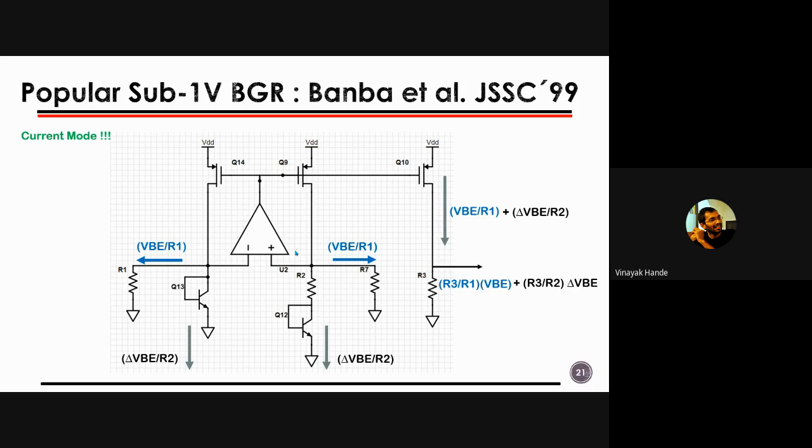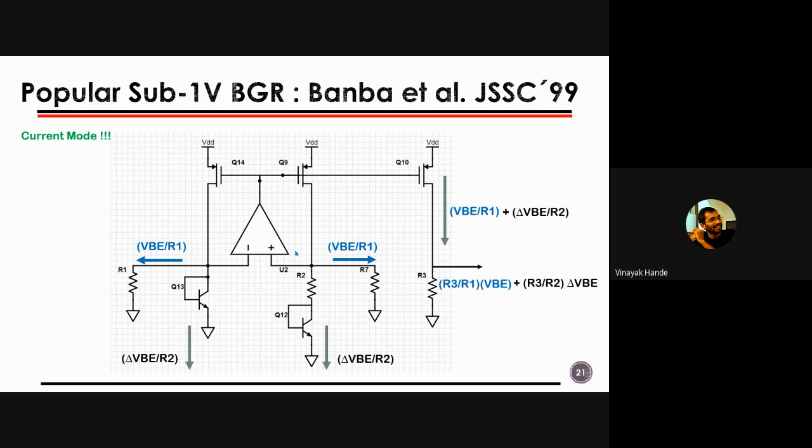Converting the voltage into current and operating in current mode itself is considered a novel idea. Even though it is quite conventional, the implementation of the circuit itself is significantly well done. That is the only reason this circuit is used almost everywhere as a band gap based voltage reference design, which works on a 1 volt VDD.